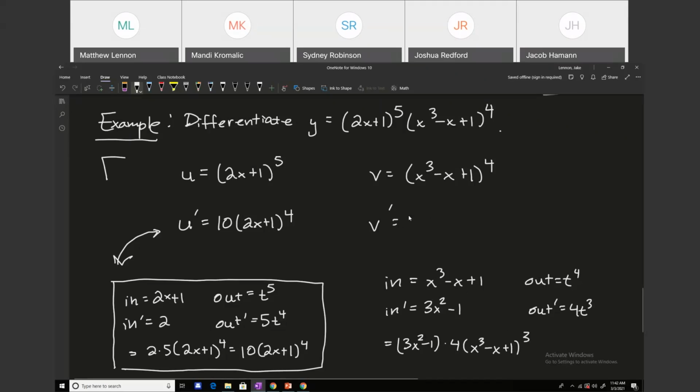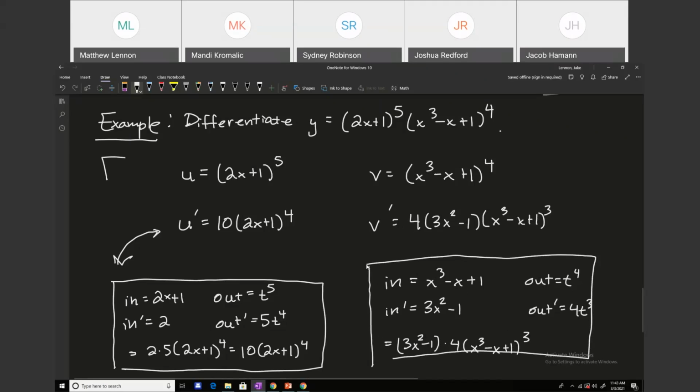So I'm not going to simplify anymore. I'm just going to rewrite the 4 in front. 4 times 3x squared minus 1 times this x cubed minus x plus 1 to the third. So fairly complicated looking derivatives here. Whoops, let me undo that.